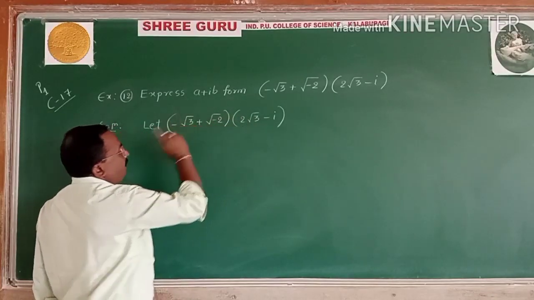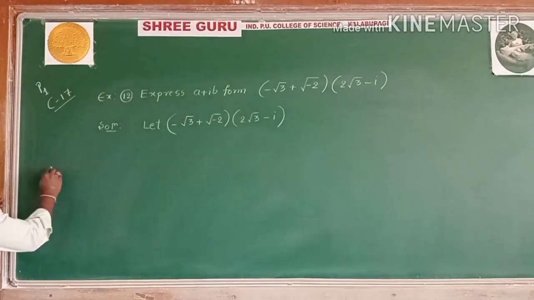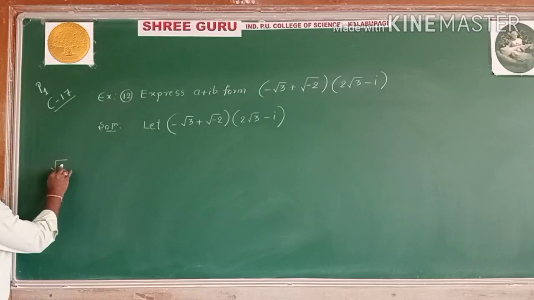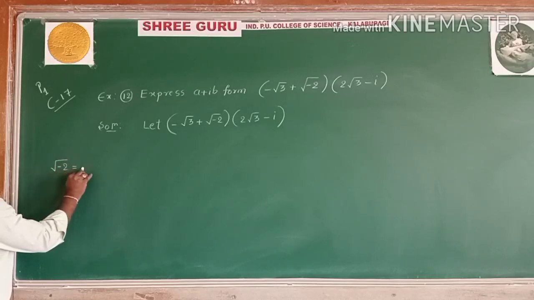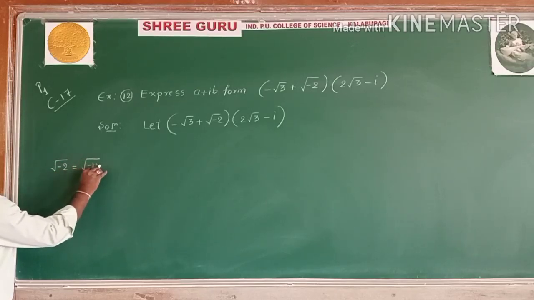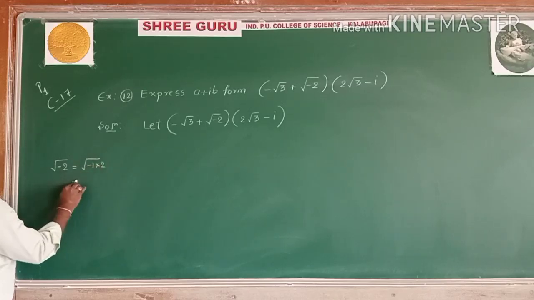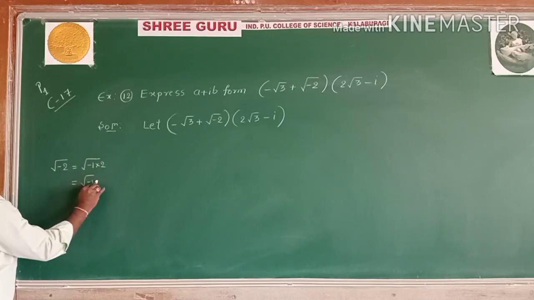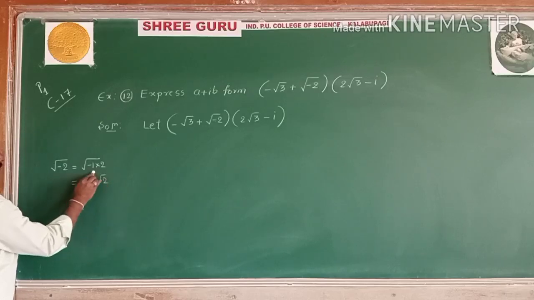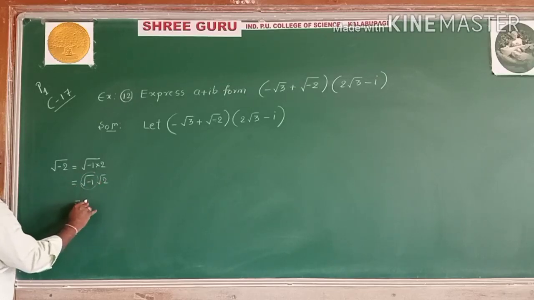This is not real, because root of minus 2 can be written as root of minus 1 into 2. Taking the negative outside, root of minus 1, root of 2. Root of minus 1 value is what? Imaginary i. So it is i root 2.